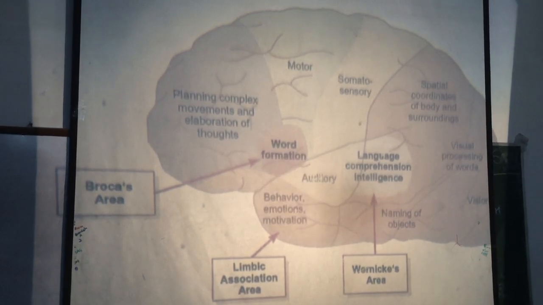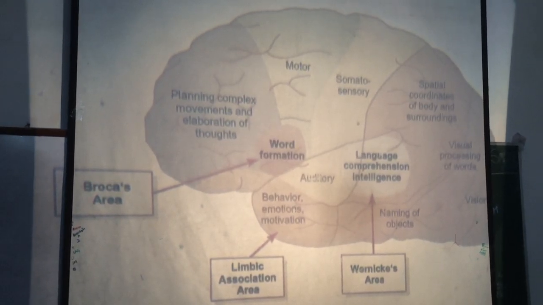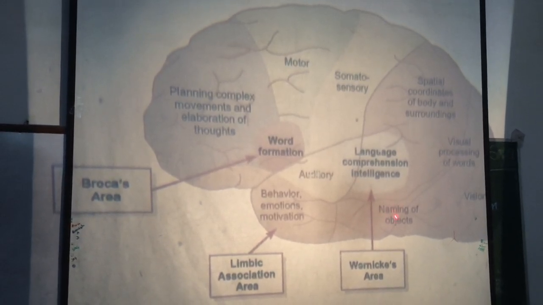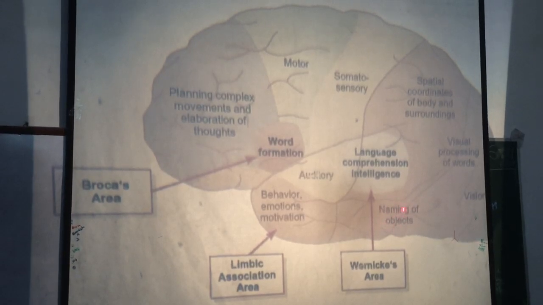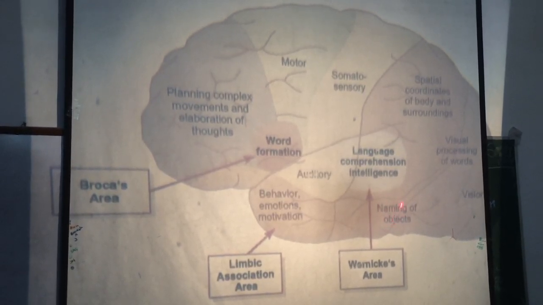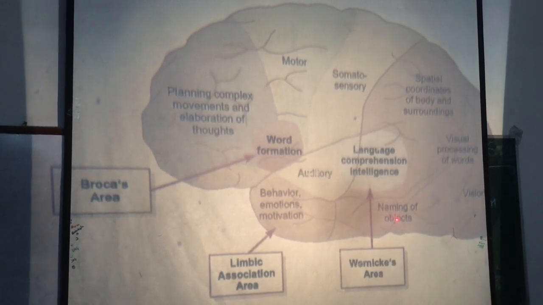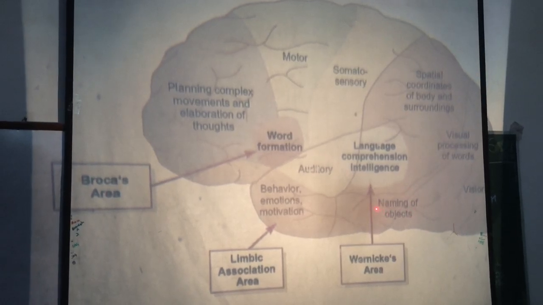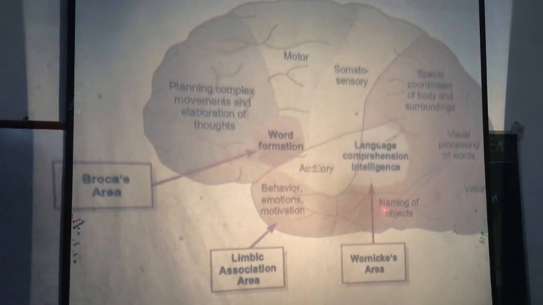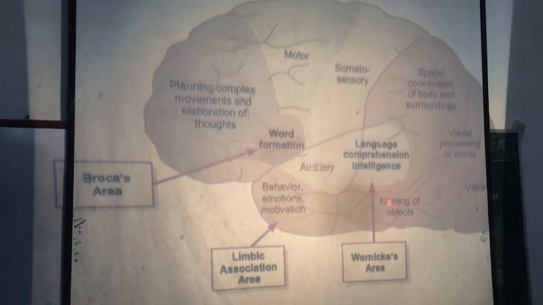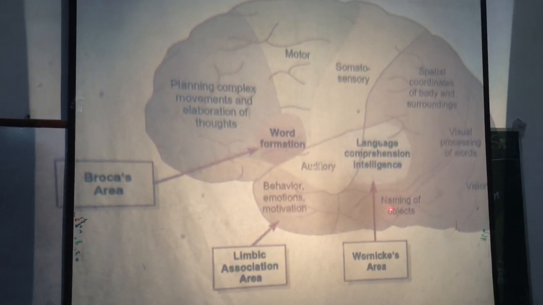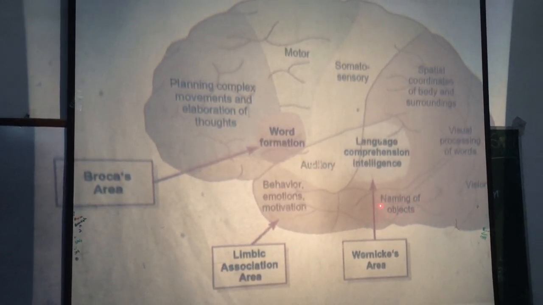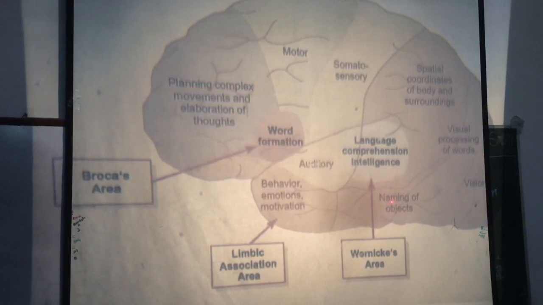Our next area is the area for the naming of objects. It is located at the junction of the anterior occipital lobe and the posterior temporal lobe.